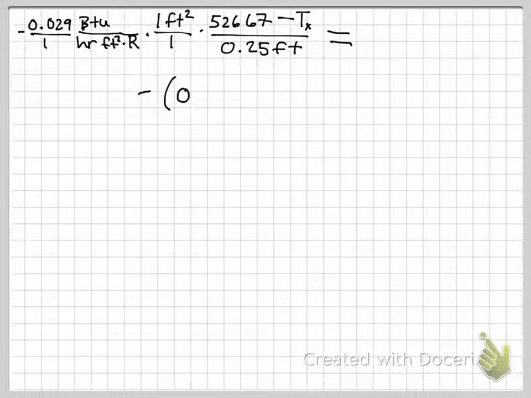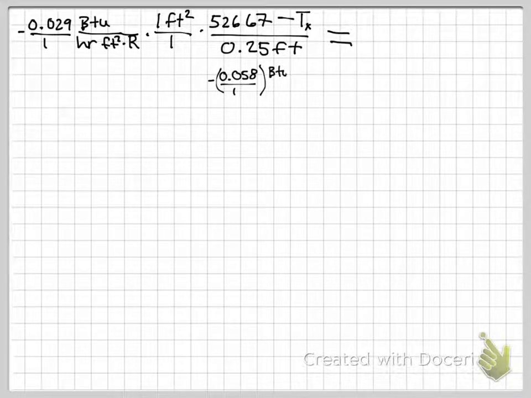All of that equals negative 0.058 over 1 BTUs per hour times foot times Rankine times 1 foot squared.